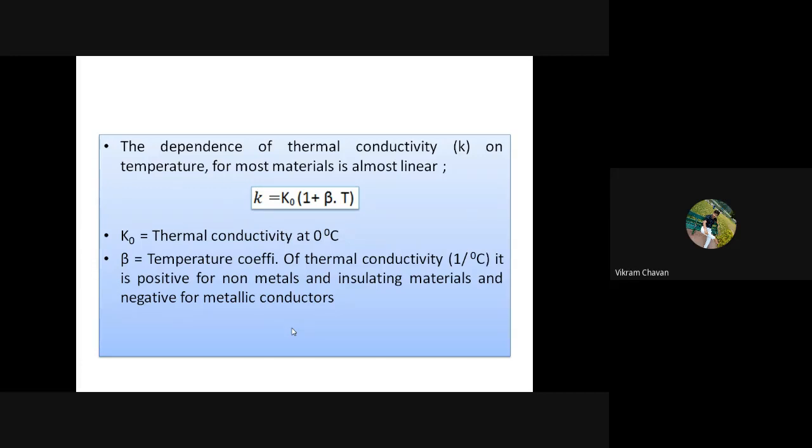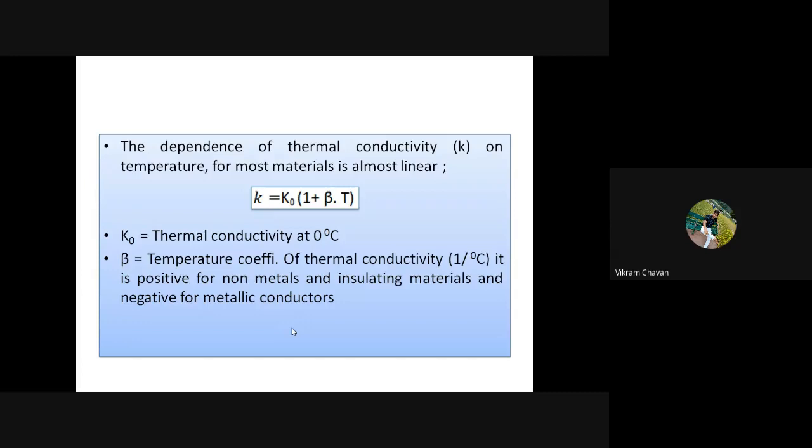Its unit is 1 upon degree Celsius, or 1 by degree Celsius, or inverse of temperature. You can say inverse of a degree Celsius, degree Celsius raised to minus 1.